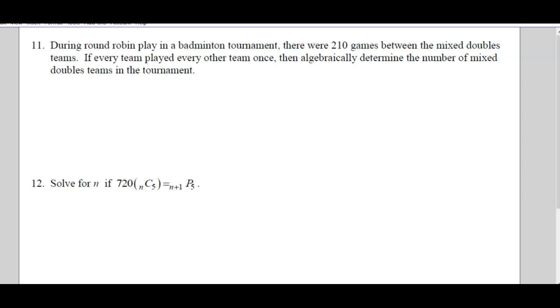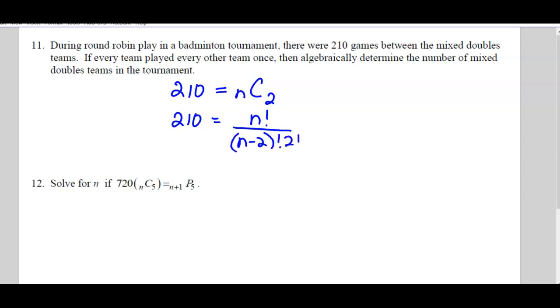They played once. Now we know 210 games were played. We want to know how many teams, and the 2 teams play at once, play each other, right? So then here, again, I'm just going to do the first step, and you can finish.